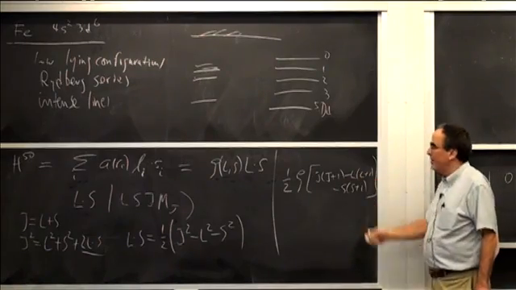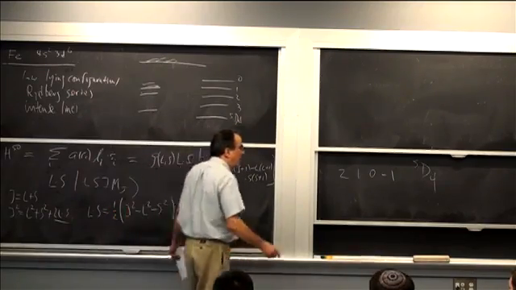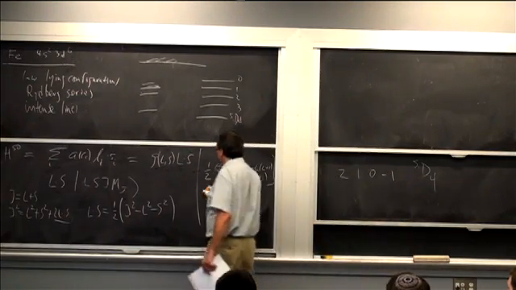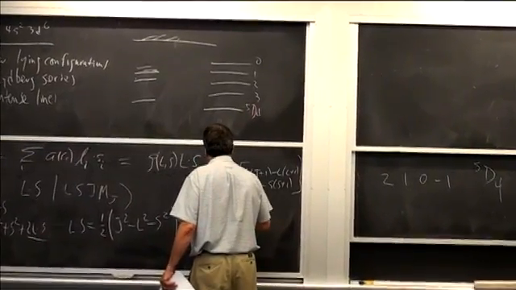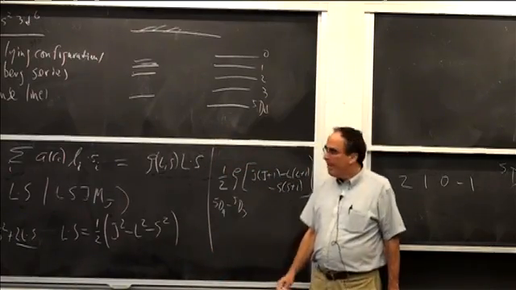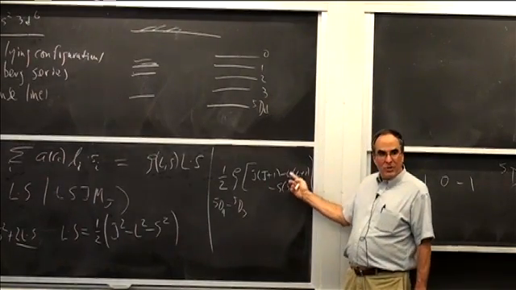And it's even simpler. Say we have a quintet D state. We'd like to know the energy difference between quintet D4 and quintet D3. Well, we don't even care what L and S are. They don't change.